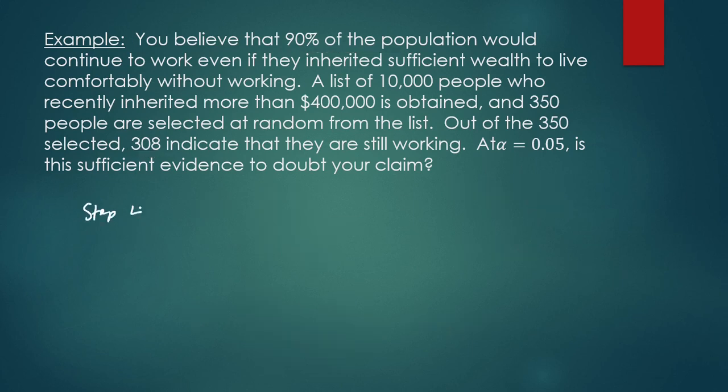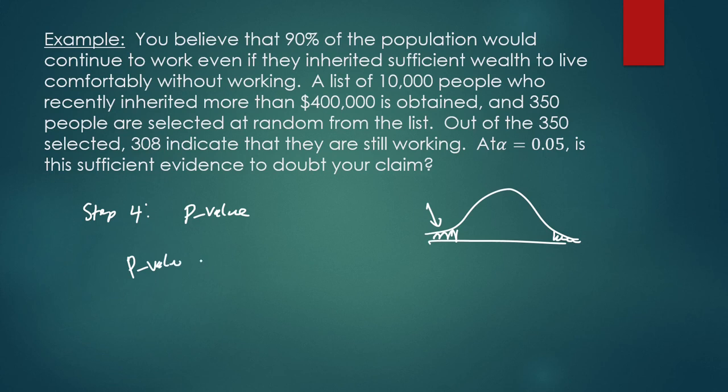In step 4, we're going to find the p-value. Now recall this was a two-tailed test, so we're going to reject it if it's too low or too high. And I need to find this area and double it for the p-value. In step 3, we know that the test statistic was negative 1.25. So the area I'm looking for is the area to the left of negative 1.25.